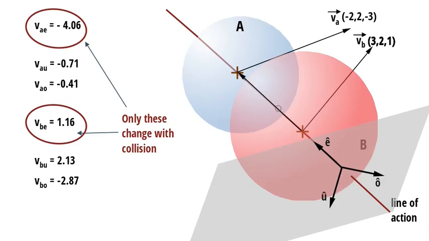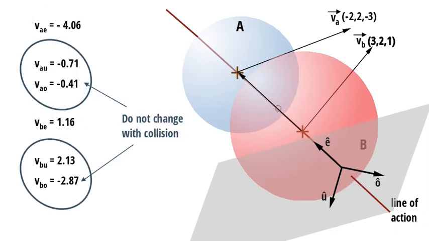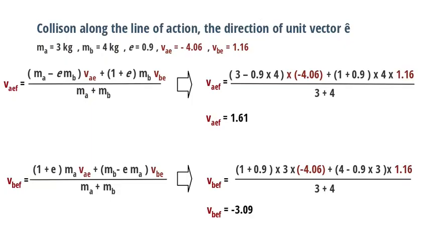From the 6 coordinates found, only 2 will change with collision. Those along unit vector E. Apply the 1D equations to find v_A,E final and v_B,E final.